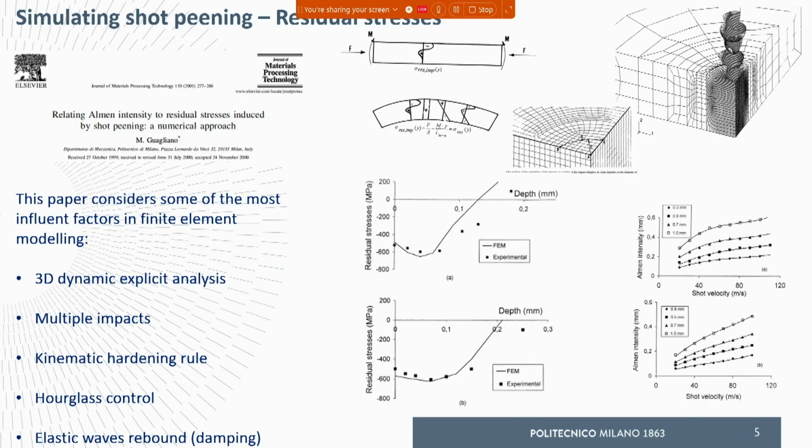Indeed, the elastic wave rebounding is an effect that, if this elastic wave goes, reaches the boundary, and then rebounds back, it will continue to go up and down.